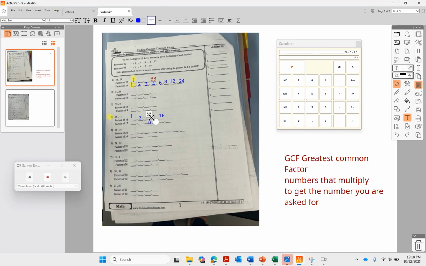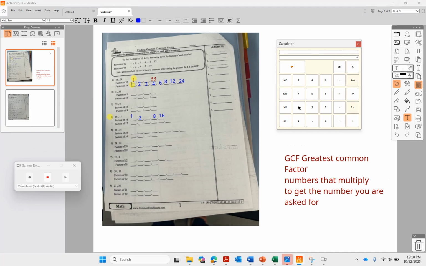So yes, you really kind of do have to know your multiplication facts. If you're not sure, you could go over here and you could go 16 divided by 2 is 8. Okay, so 2 and 8. 3, not a factor of 16. If you're not sure, you can do the reverse. 16 divided by 3 is 5.33. That's a decimal. Okay, that doesn't work.